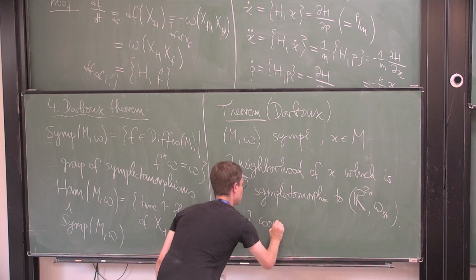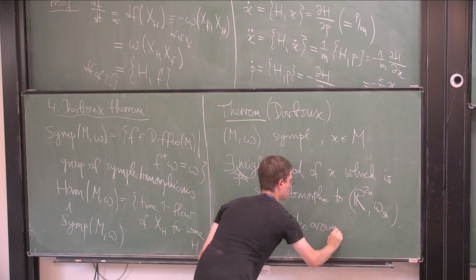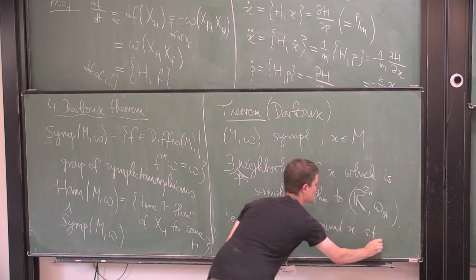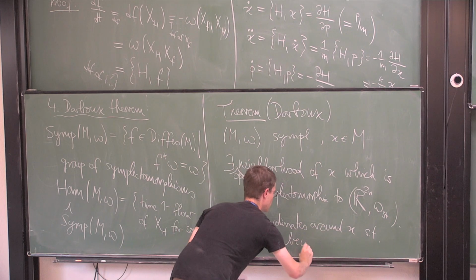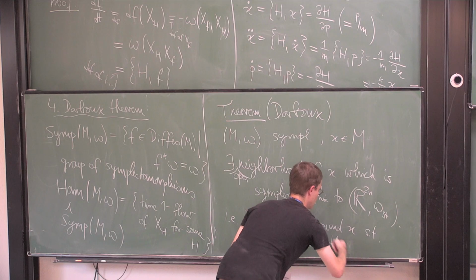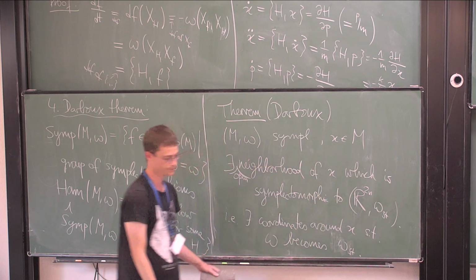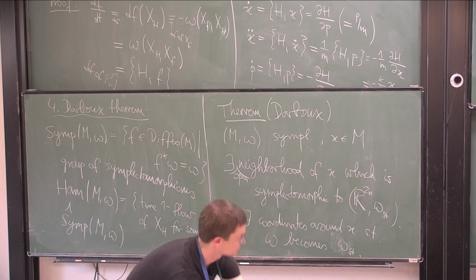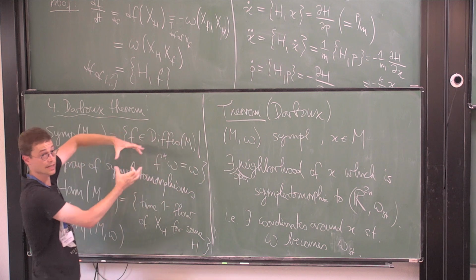Coordinates around X such that omega becomes the standard omega. So again, it tells you that in small neighborhoods, you always see the same things.